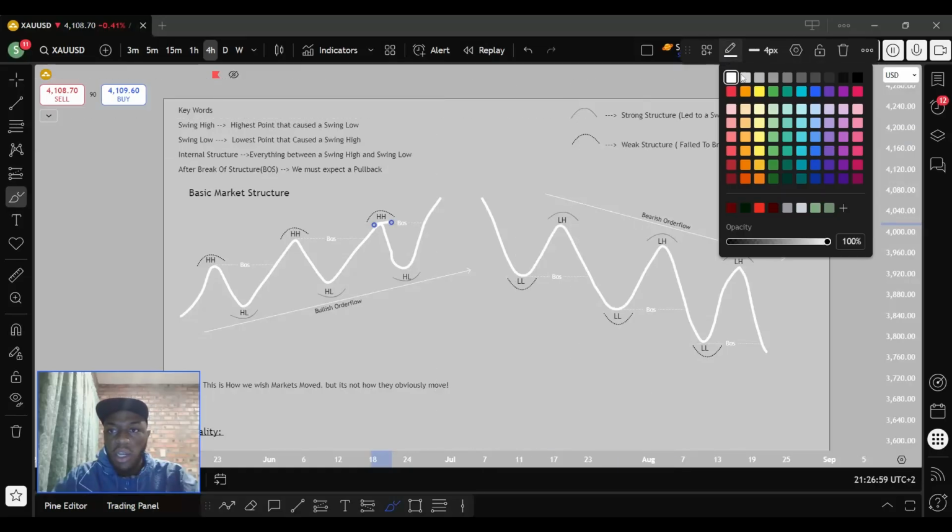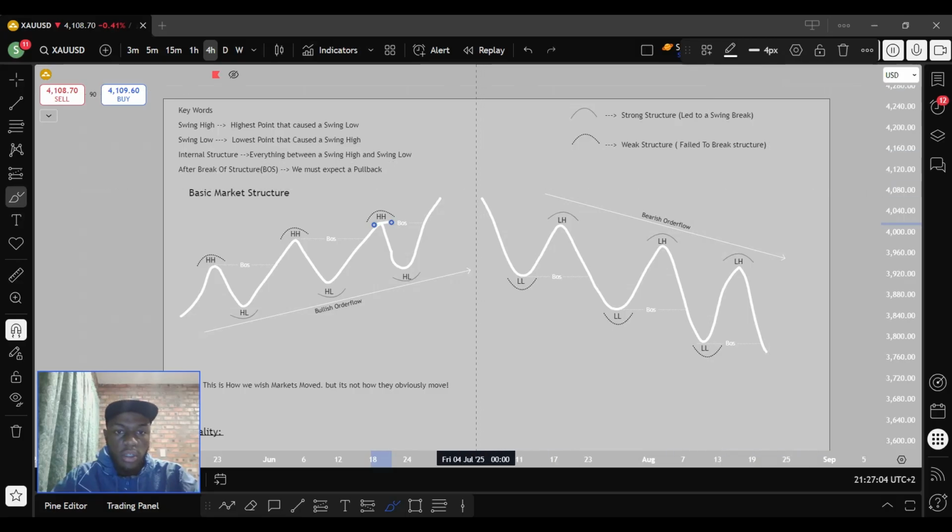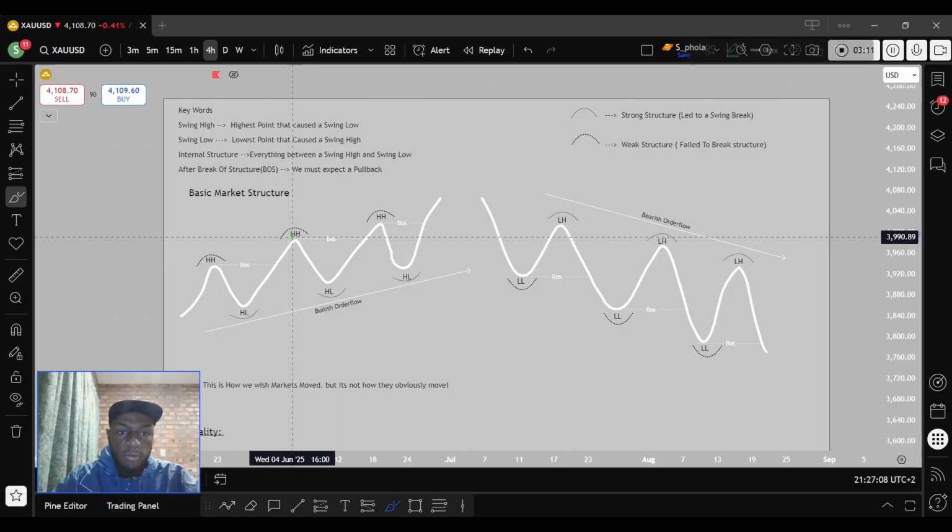Let me change the color to green. It is the highest point that led to a low. So that is a swing high.